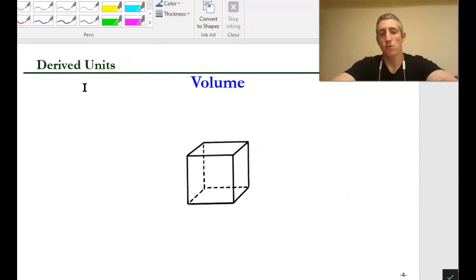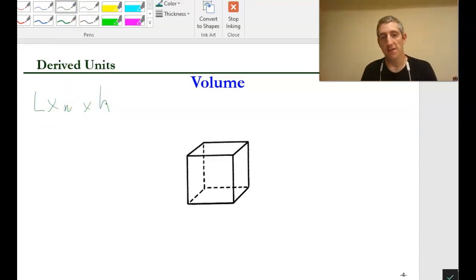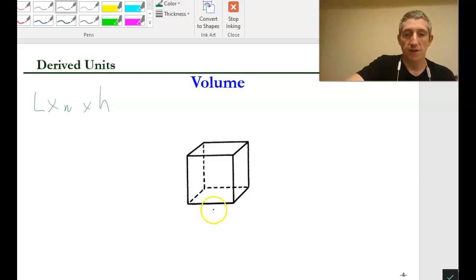Another one to talk about is volume. You might know that volume is, let me get a pen, length times width times height. When I say volume is length times width times height, I mean the volume of a cube. You could also think of that as length times length times length. And so that has units as well: meters, meters, meters.